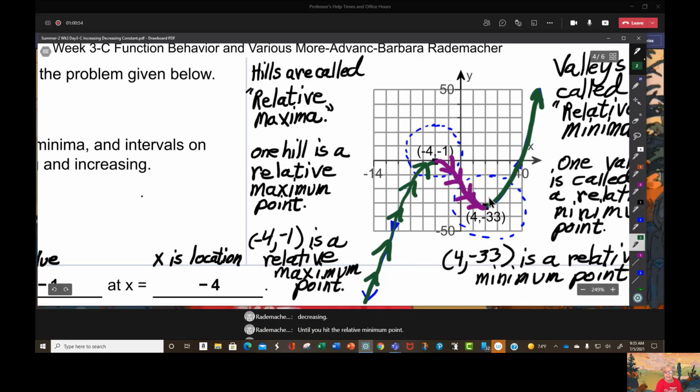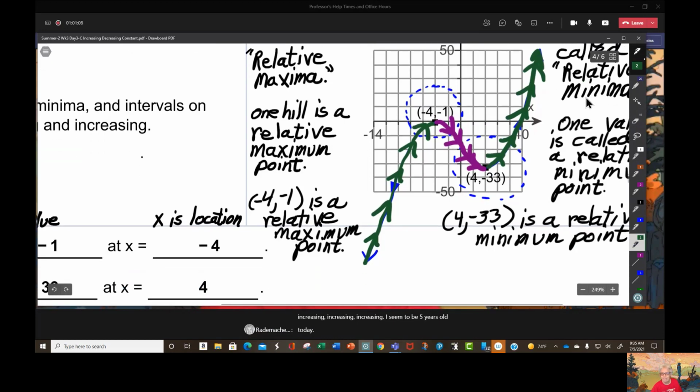And then you go back to increasing. I seem to be 5 years old today. The relative maximum points and relative minimum points are the turnaround points.